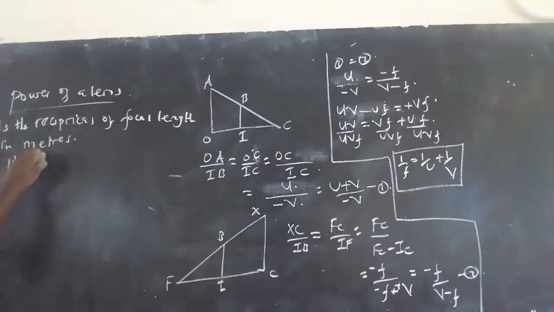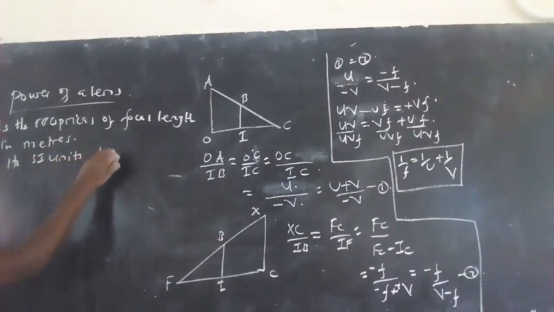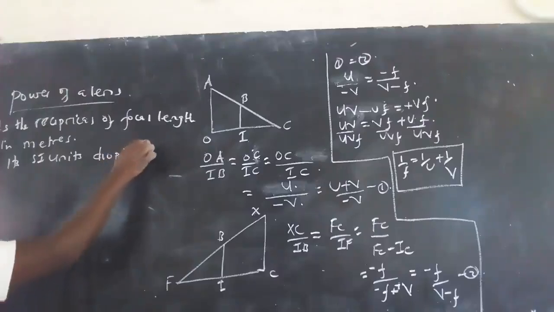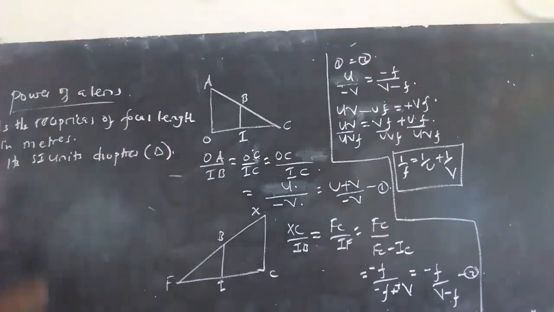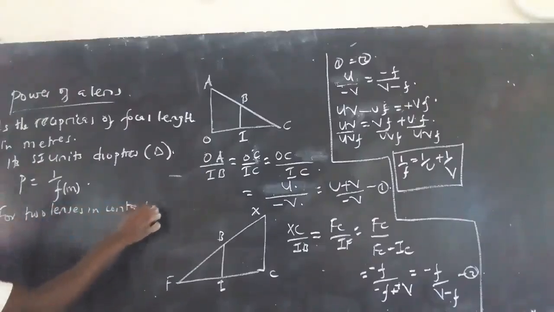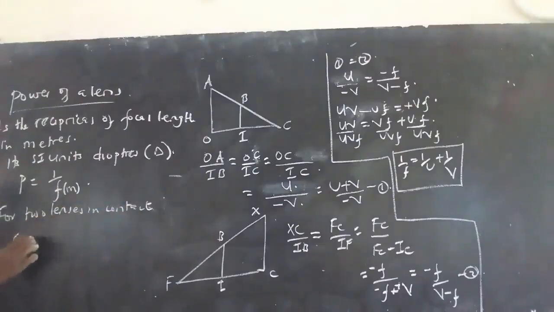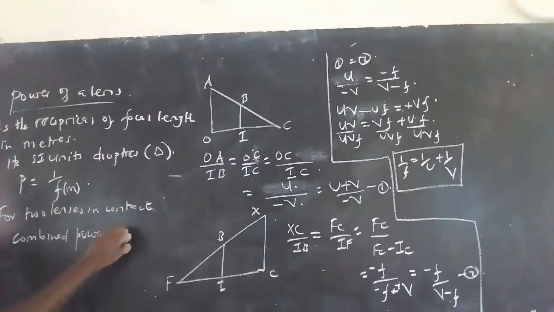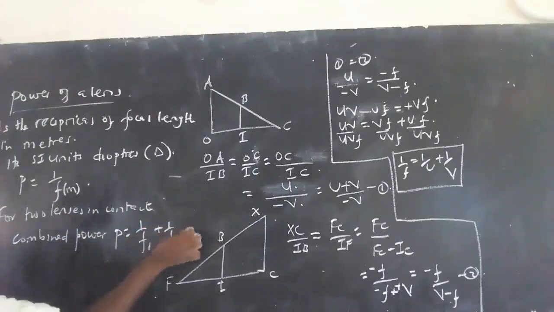Its SI unit is diopters, which is a capital D. So power is equal to 1 over F, but this one must be in meters. For two lenses in contact, combine the power: P will become 1 over F1 plus 1 over F2.